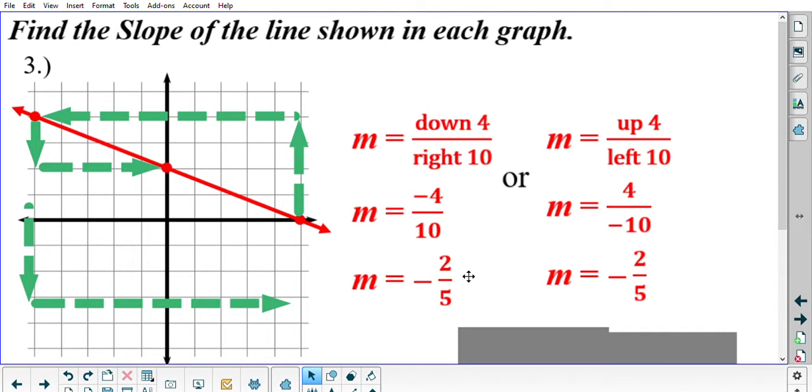And so if you can identify a dot that clearly exists on the line, then you might end up getting the same answer, like we got here, -2/5, in a slightly different way of thinking of it than maybe somebody else in our class. And so you're still going to get the same answer no matter what. As you could see here, the fraction for the slope was -2/5, no matter which way that you counted from one dot to another dot. It would even work from here to here. Again, down 2, right 5, that would still be -2/5.